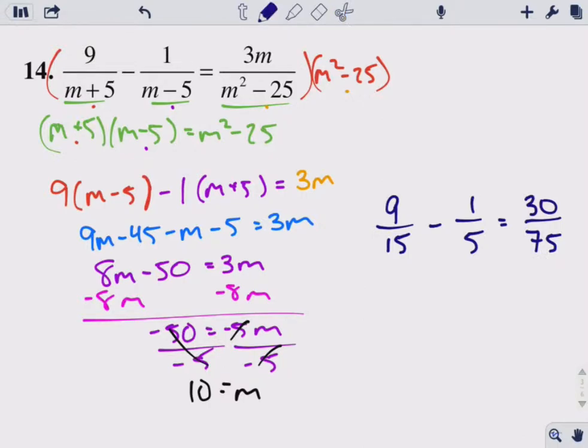So rewriting this a little bit, making it all in 75, that's 45 over 75 minus 15 over 75, and that does work out, and so that is our solution.